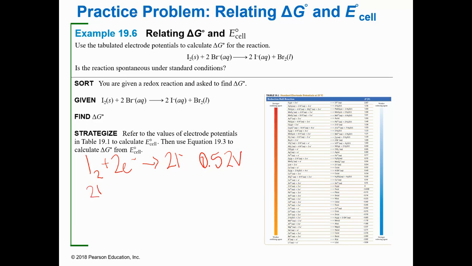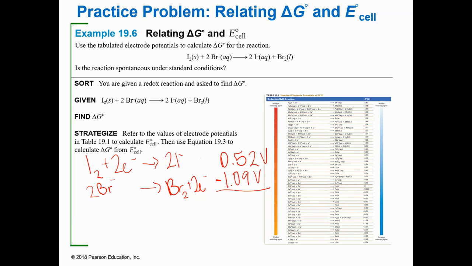And then 2Br minus yields Br2 plus 2 electrons. For bromine, because I flipped it, it's going to be negative 1.09 volts. So this one I can already tell you is not spontaneous, just based on the E cell. I get negative 0.57 volts.